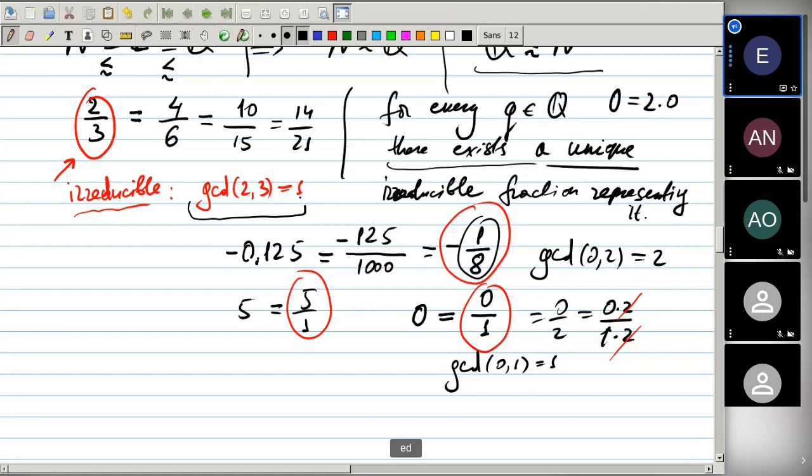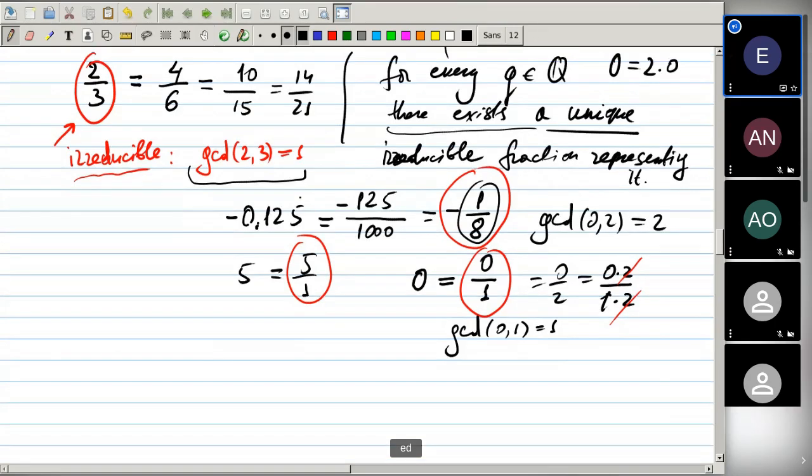So, and now we will define the following function. This function f takes a rational number and maps it to a triplet of naturals.